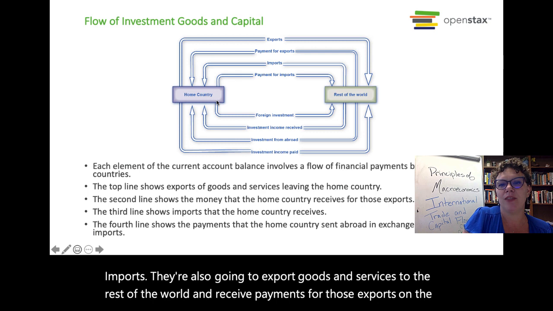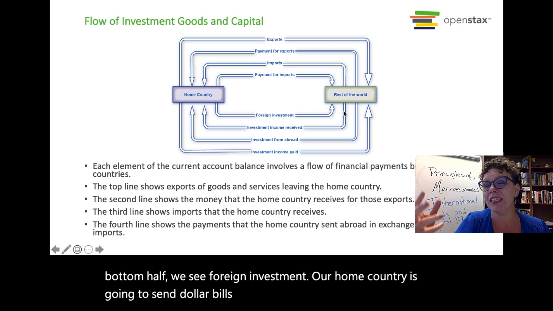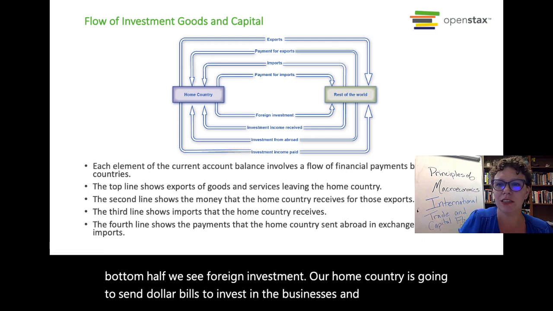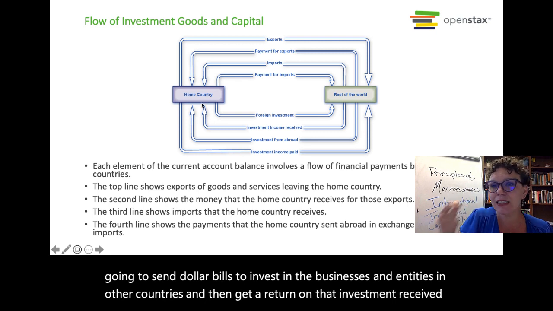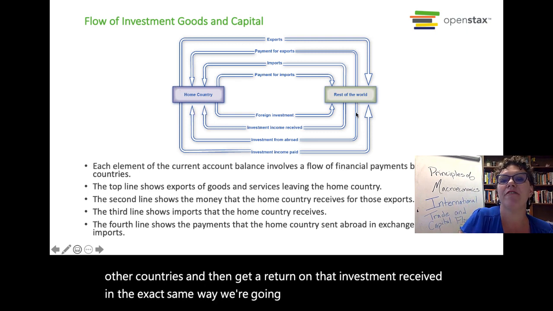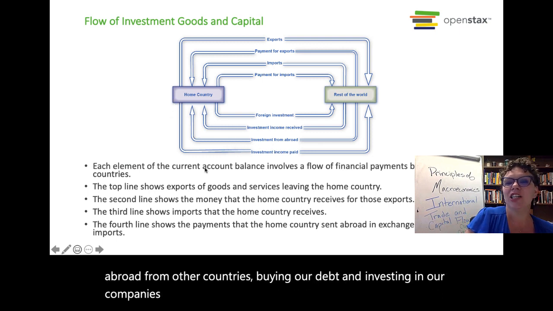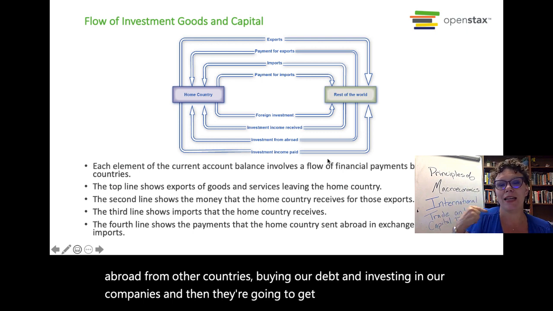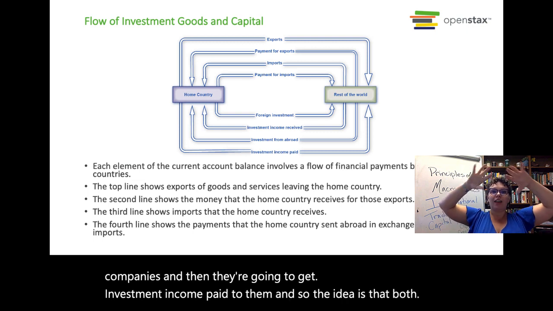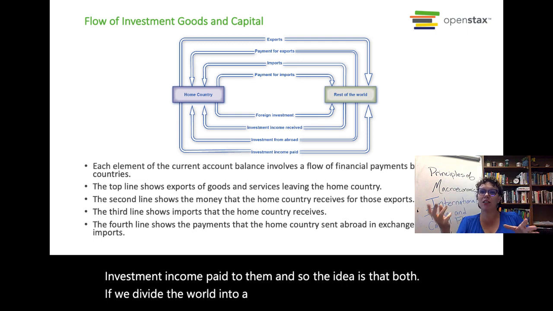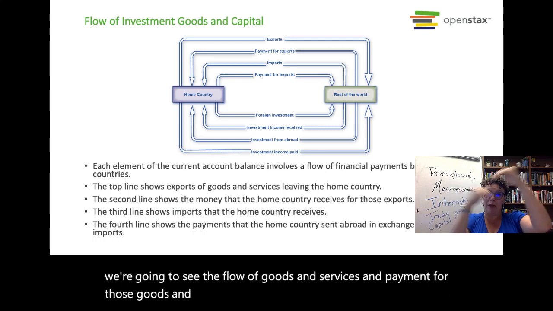On the bottom half, we see foreign investment. Our home country is going to send dollar bills to invest in the businesses and entities in other countries and then get a return on that investment received. In the exact same way, we are going to receive investment from abroad, from other countries buying our debt and investing in our companies, and then they're going to get investment income paid to them. And so the idea is that if we divide the world into a country and the rest of the world, we're going to see the flow of goods and services and payment for those goods and services go back and forth.